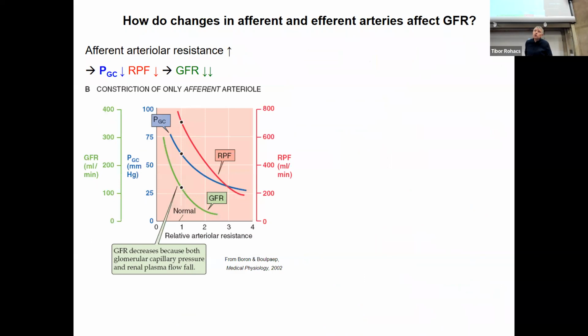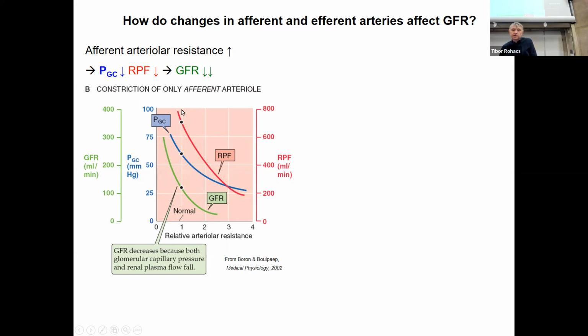If you use this principle to plot the consequences of afferent arteriolar constriction or increased resistance, if you plot the effect on the renal plasma flow, the glomerular capillary pressure, and the glomerular filtration rate, you will see that as you increase the afferent resistance, all of these three parameters will decrease.